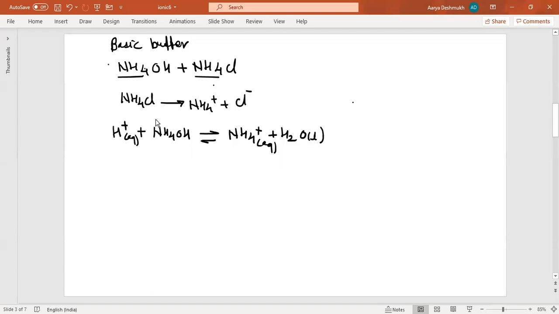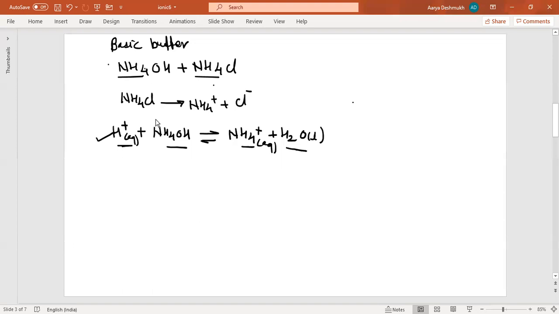Means what is happening actually when a small quantity of strong acid is added to this solution, these hydrogen ions combine with the base producing cations and water molecule.